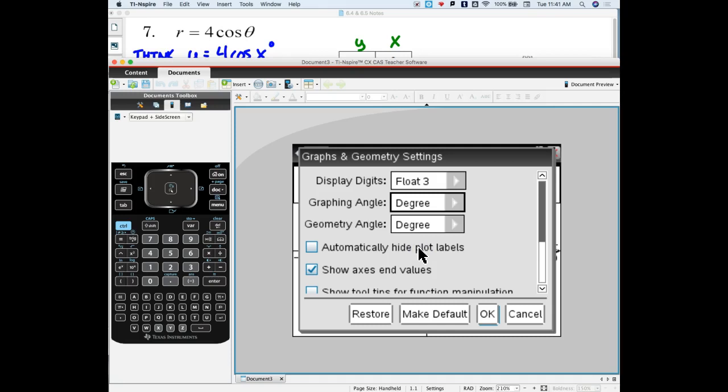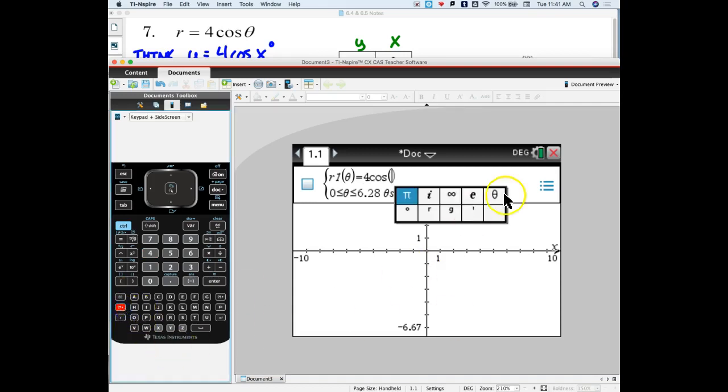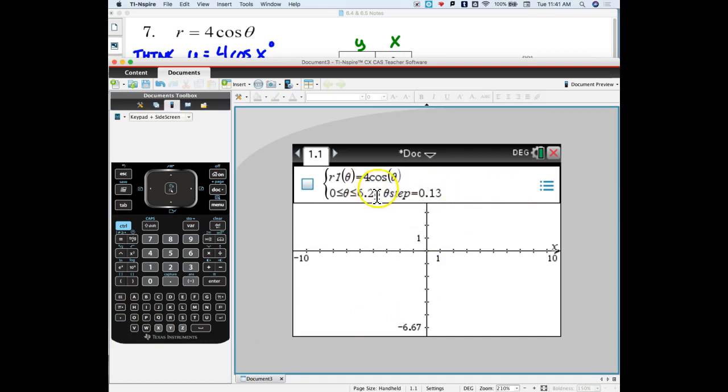And then you're going to hit OK. Oops, we should have done that first, I guess, because apparently it just erased it. Now, when I do that, I've got to change this from 6.28 to how much? I got to change that to 360 degrees.